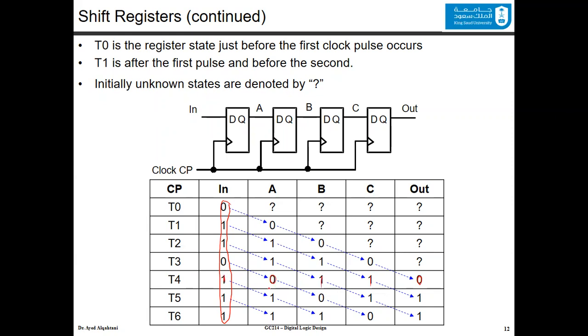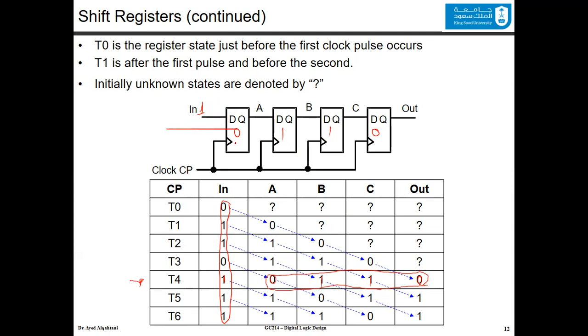So right now at T4, we have 4 bits already inserted inside the shift register. There will be 0, 1, 1, and 0 stored inside the flip-flops, and there will be a new input waiting to be shifted inside the first flip-flop.